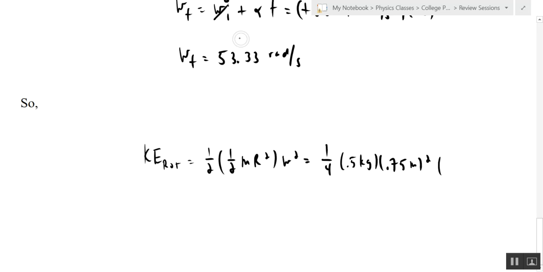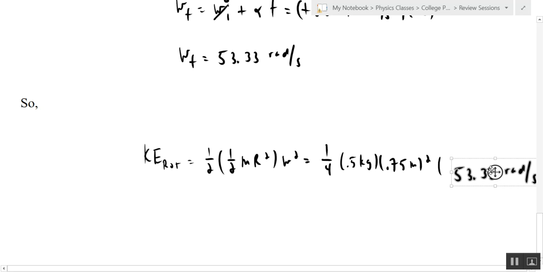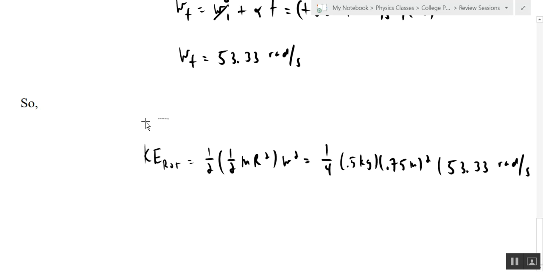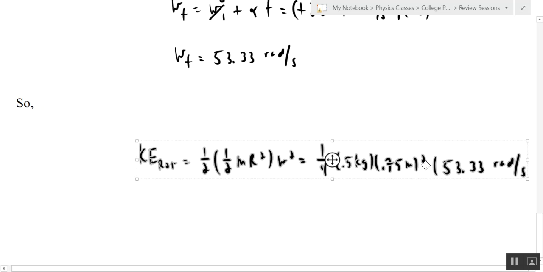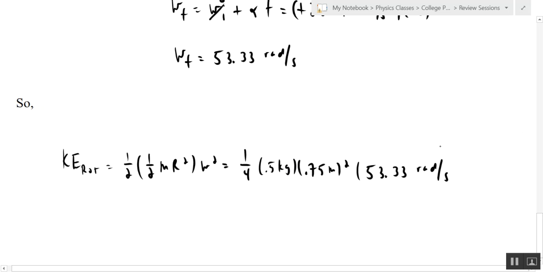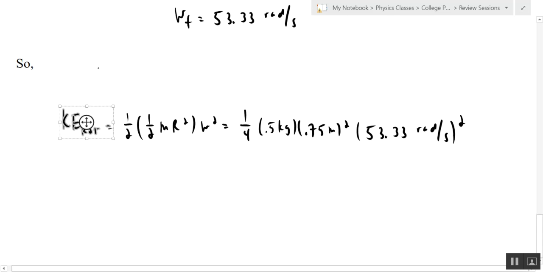times this thing squared, right? You just take this and you square it. So the rotational kinetic energy is 400, actually, exactly 400.